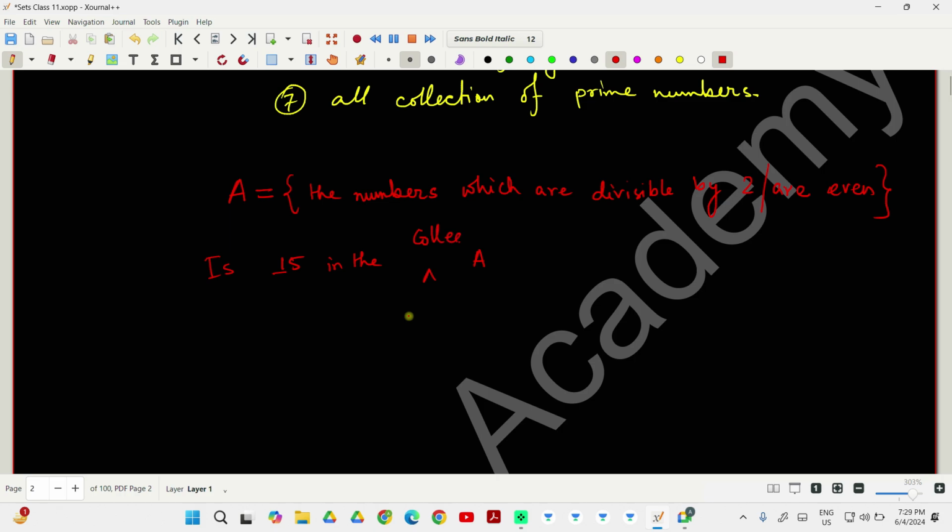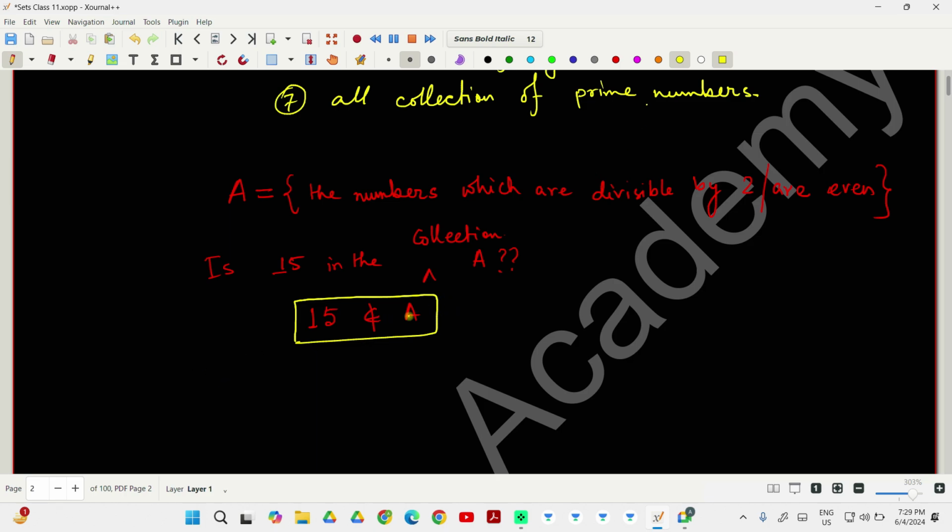This is the collection A. Is 15 in the collection A? No. So symbolically we can denote that 15 does not belong to A. This is the correct statement: 15 does not belong to A, the collection.